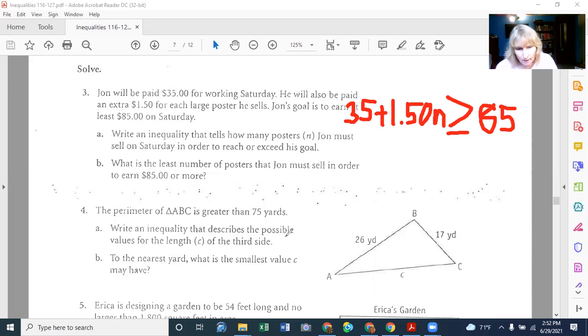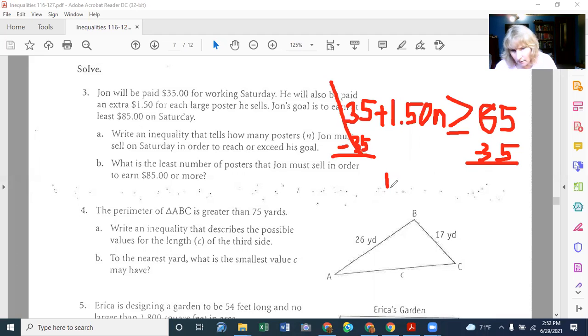And then what is the least number of posters that John must sell in order to earn $85 or more? That's just asking you to solve the inequality for N. So let's go ahead and do that. So let's subtract 35 from both sides. And if I do that, these cross off.